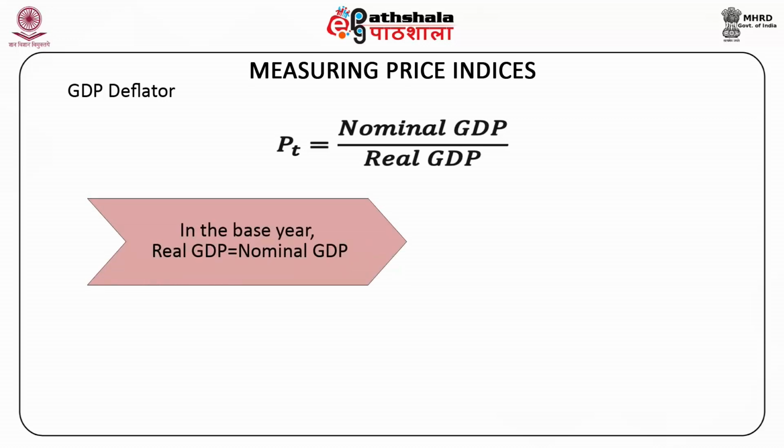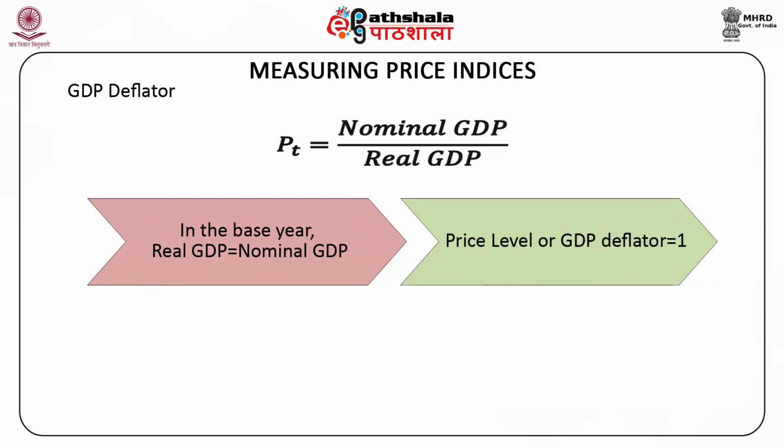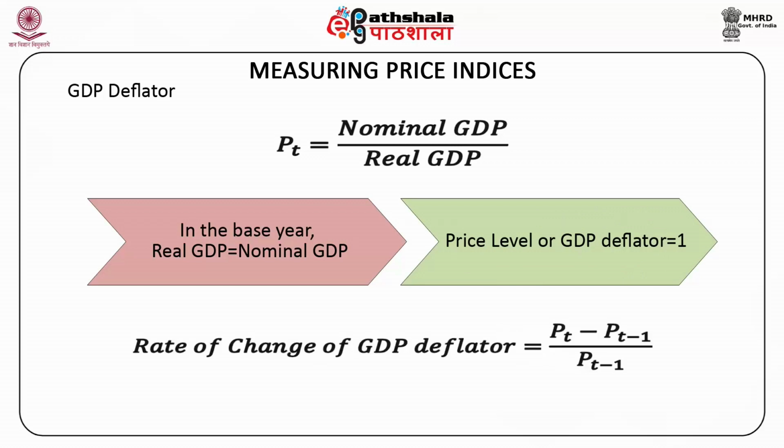In the base year, real GDP equals nominal GDP, and hence price level or GDP deflator is equal to 1. The rate of change in GDP deflator is calculated as P_t minus P_t-1 divided by P_t-1. This is used to measure the general level of price rise over time, that is, the rate of inflation.